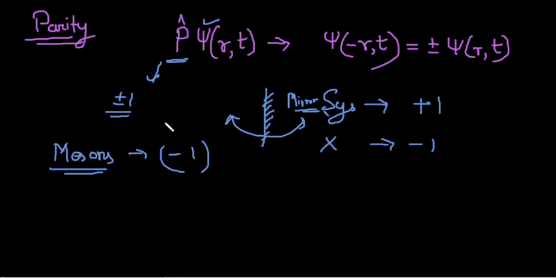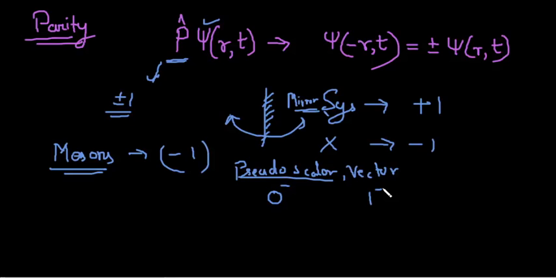If there is a pseudo vector and scalar, then it might have been +1, but for mesons there are pseudo scalars and vectors. We have seen that the pseudo scalar has total angular momentum 0 and parity -1. Vector had total angular momentum 1 and parity -1.